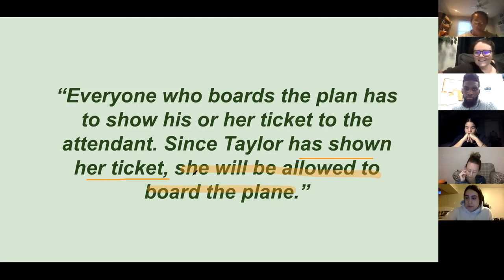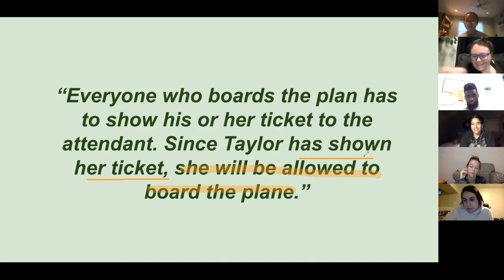You're failing to consider that maybe you're a drunken mess and you can't board the plane. Or we're assuming, I'm going to throw in an LSAT word, that showing your ticket is sufficient to be allowed to board the plane, when really it's just necessary. Makes sense. Do we see that? Awesome.